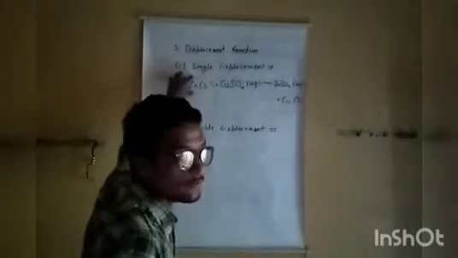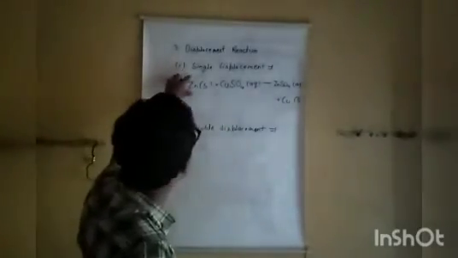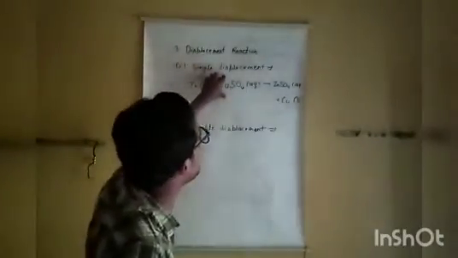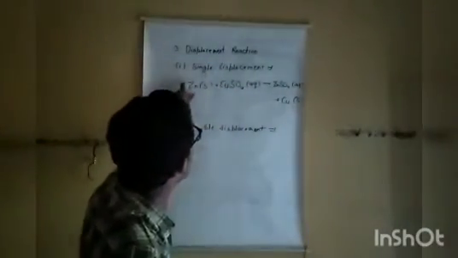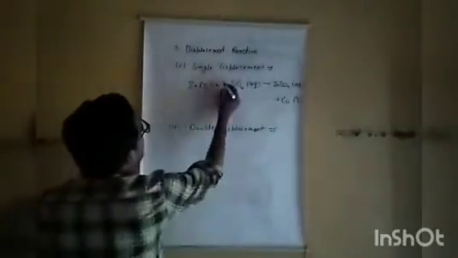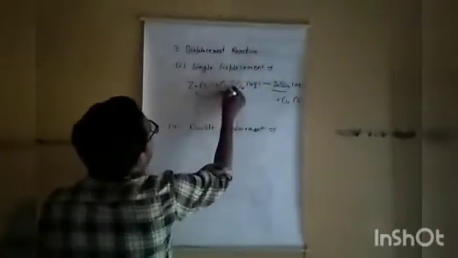When an element reacts with a compound and takes the place of another element, here Zn takes the place of Cu, giving ZnSO4 and Cu.